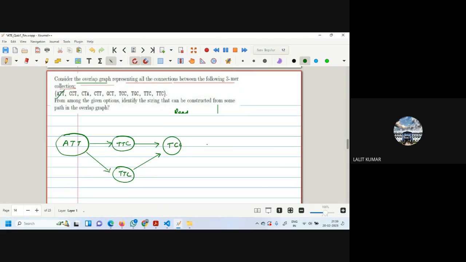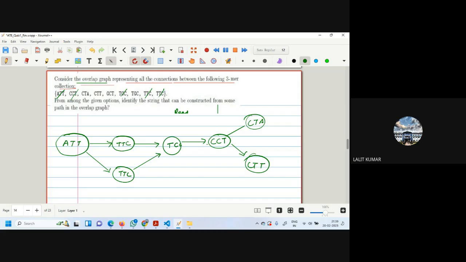So ATT is covered, TCC is covered, TTC, TTC is covered. Now from TCC, I can go to CCT only. From CCT, I can go to CTA and CTT. So CTA and CTT, both I can go.